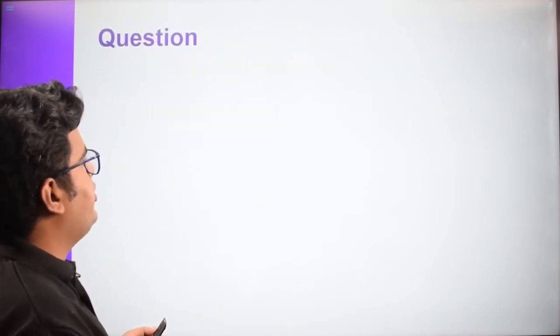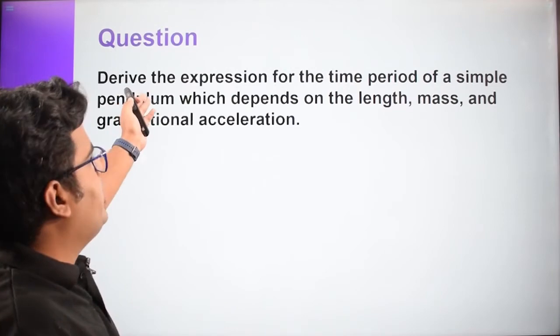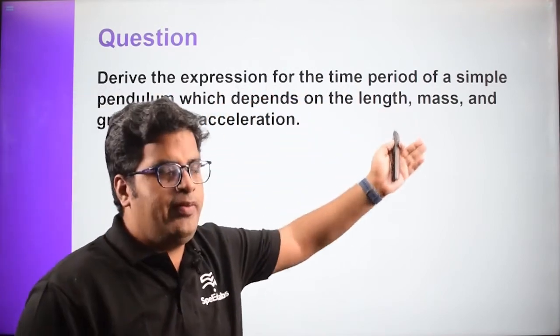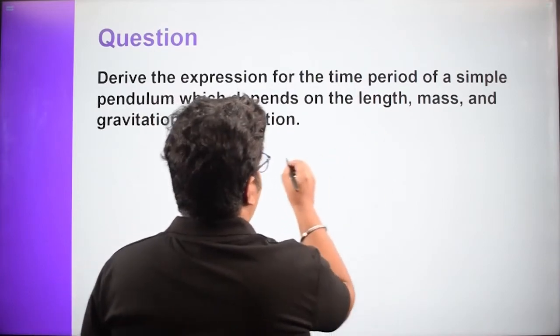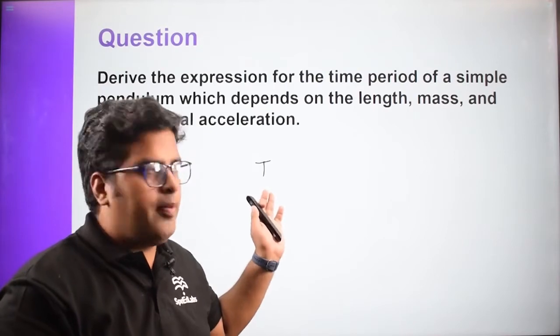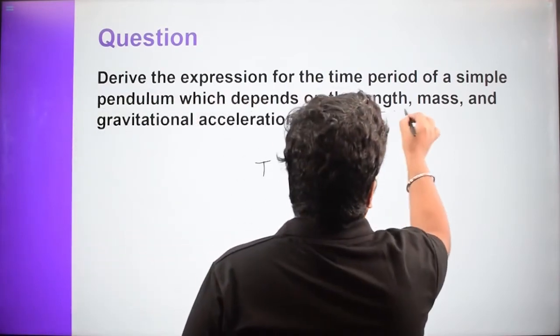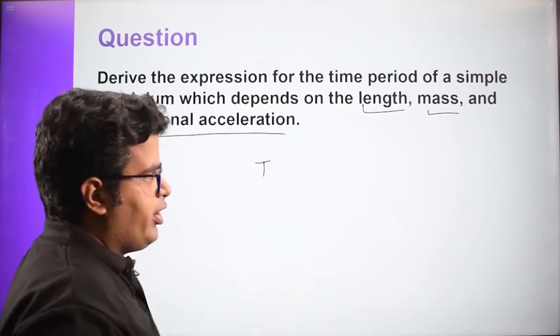So we have a question based on this, and through the question we'll understand how to deduce an equation, right? In this question we are given that we have to derive the expression for the time period of a simple pendulum. The time period, denoted by capital T, depends on the length, mass and gravitational acceleration, right?